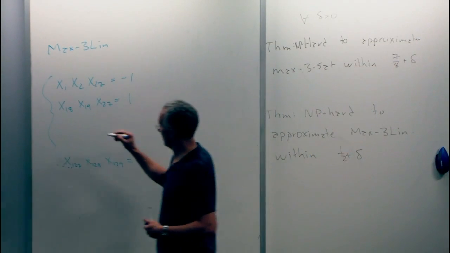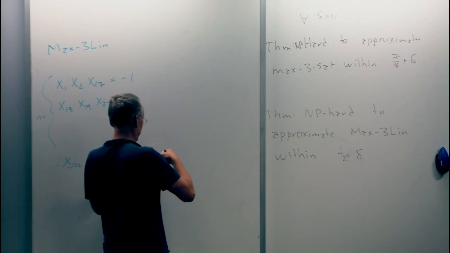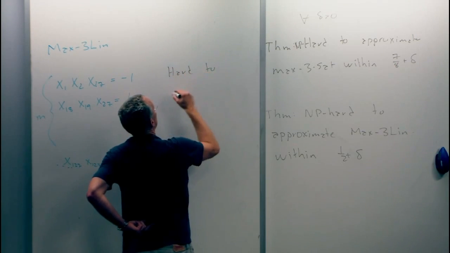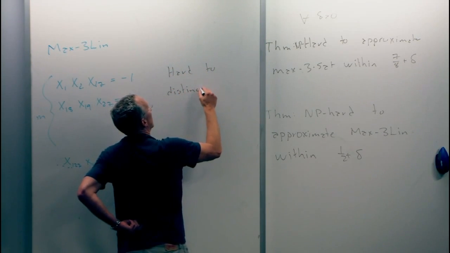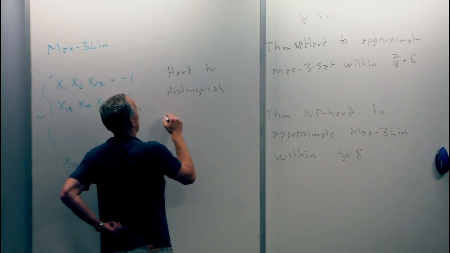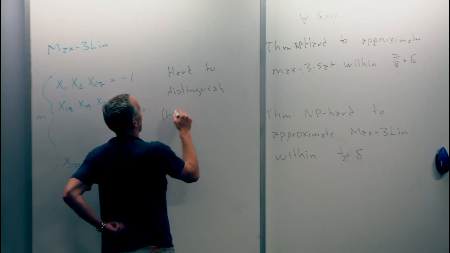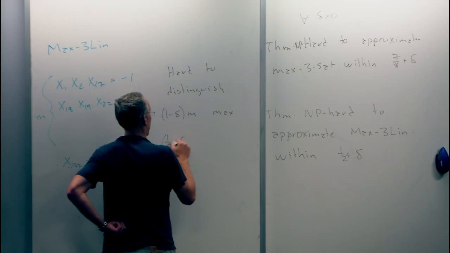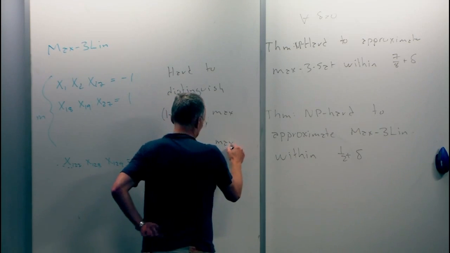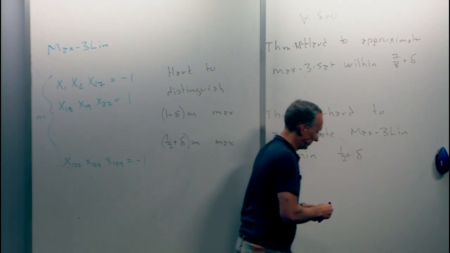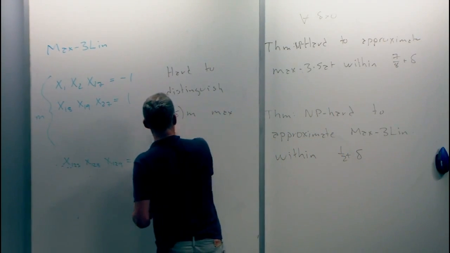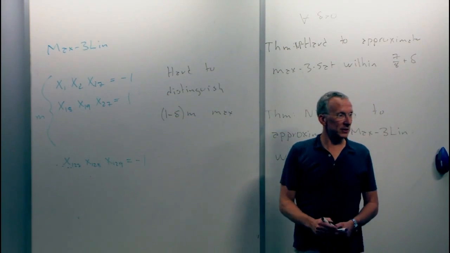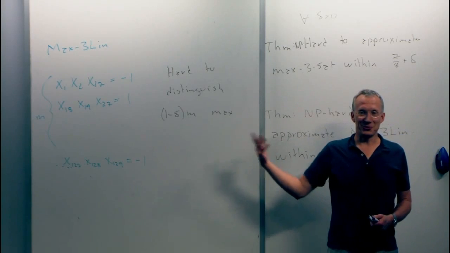So if you have m equations here, how can you satisfy a half?